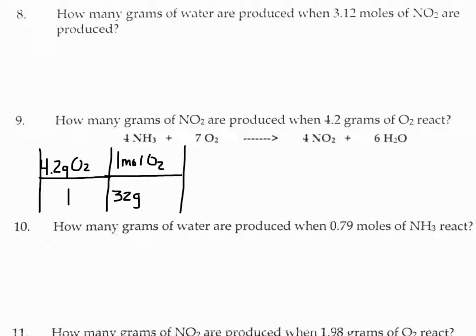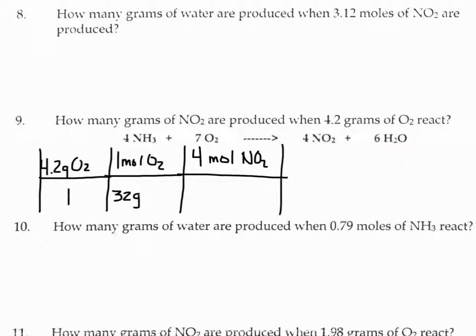Okay, now that we have converted to moles, we are now able to use the mole ratio. And our question asks, or what it wants, is how many grams of NO2. So we're going to use the NO2 on top. So if we look at our equation, we see 4 mole NO2. And we see that right here with the 4.